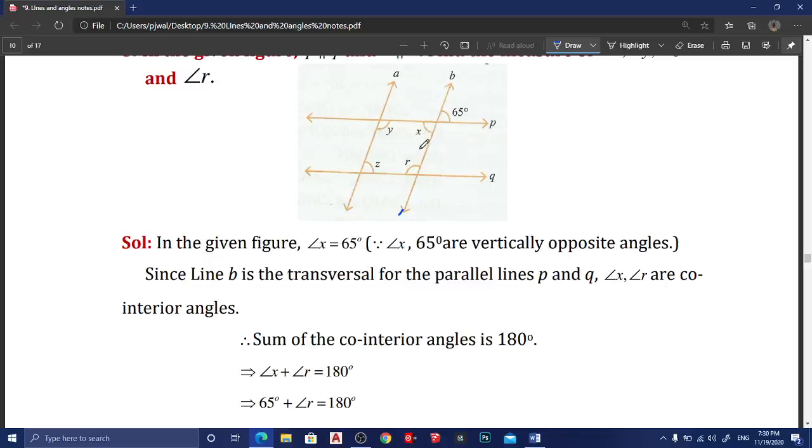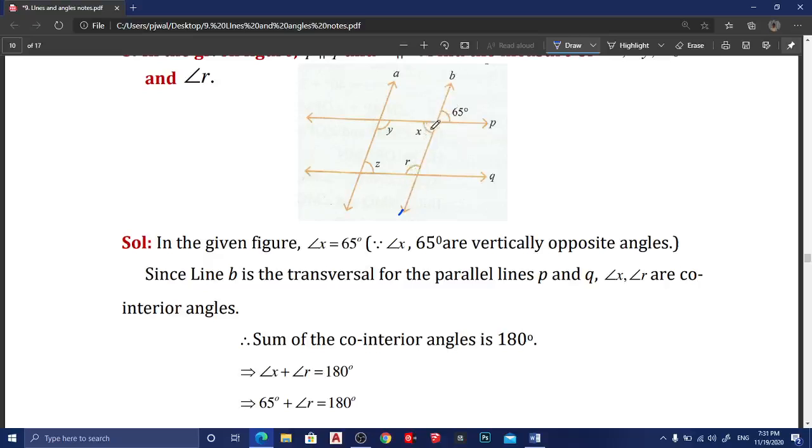Now if you observe, it is given that P and Q are the parallel lines, and this will be the transversal to these two lines. Observing angle X and angle R, these two angles exist on the same side of the transversal and in the interior of the lines.